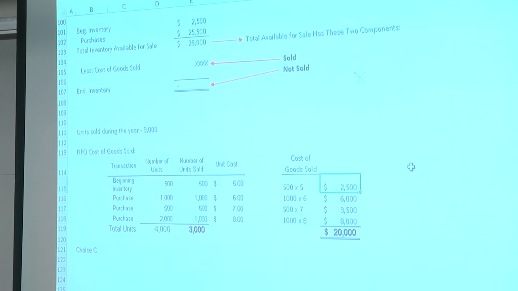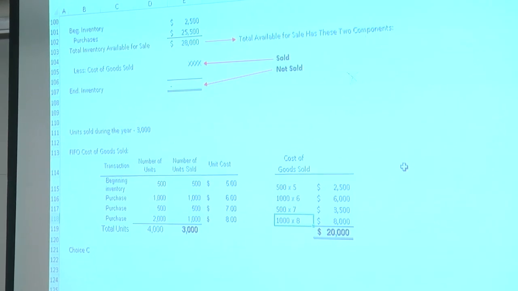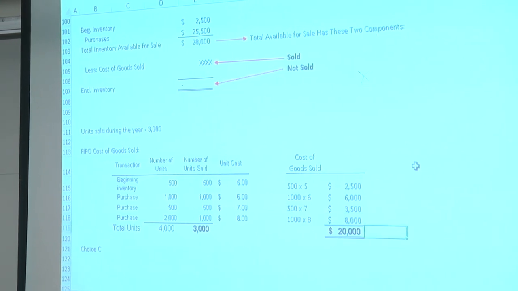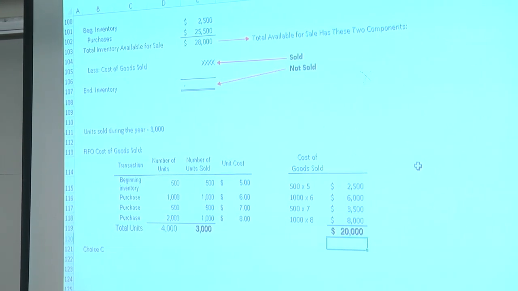Just like above, we have 500 times 5, 1,000 times 6, 500 times 7, but instead of 2,000 times 8, we have 1,000 times 8 because that other 1,000 is not part of the units that were sold. That adds up to 20,000. So this is our cost of goods sold under the FIFO method.